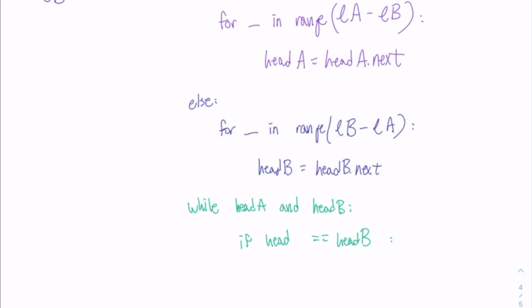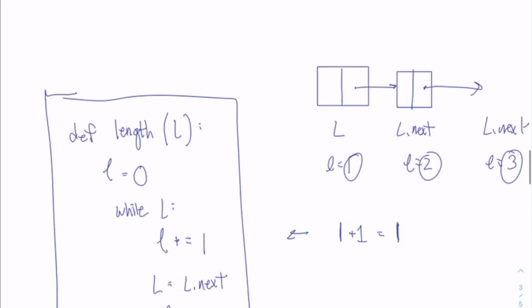This is also one word. Then we return head A. Or we could return head B. It doesn't matter since head A and head B are equivalent. So if head A is equal to head B, then we return the node that head A is currently on.